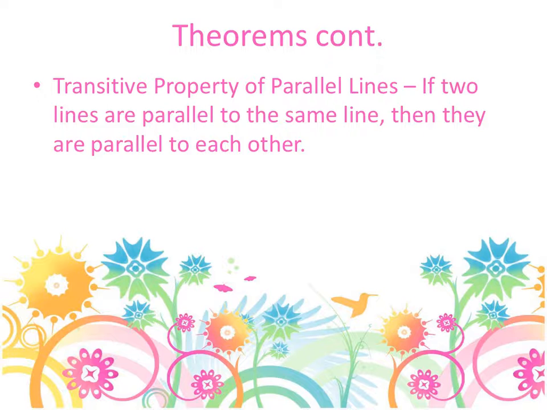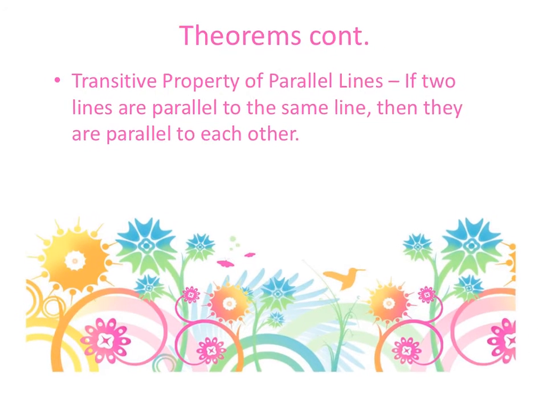The next one is called the transitive property of parallel lines. And what this one states is that if two lines are parallel to the same line, then they're parallel to each other.